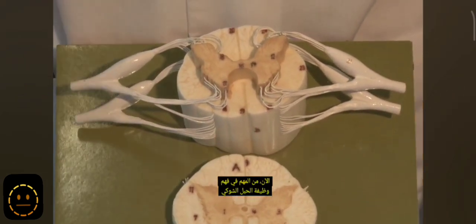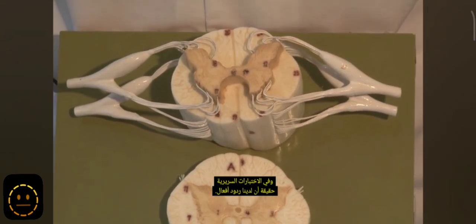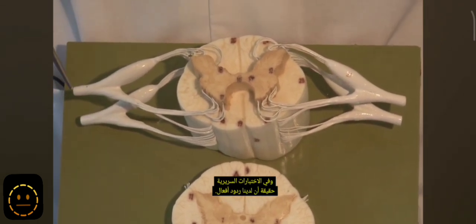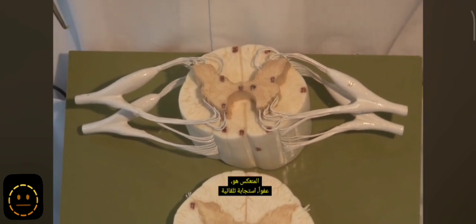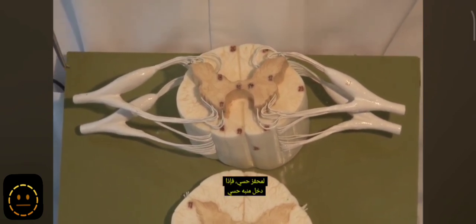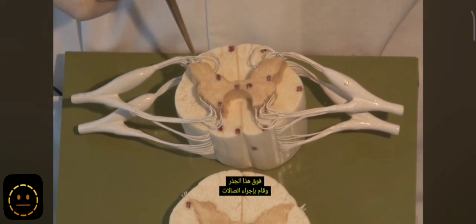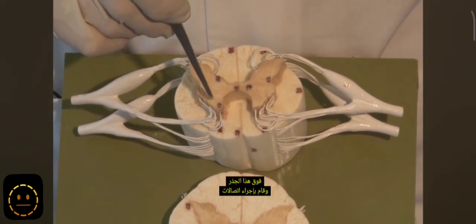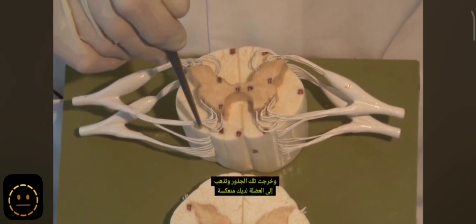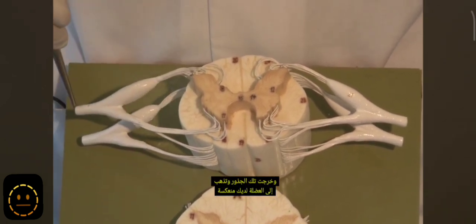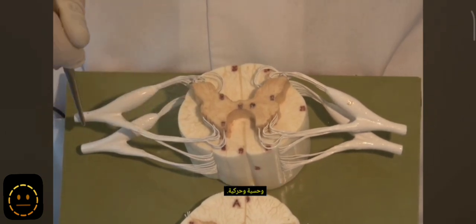Now, important in understanding the function of the spinal cord and in clinical testing is the fact that we have reflexes. A reflex is an automatic response to a sensory stimulus. So if a sensory stimulus comes in over this root and it makes connections with the nerve cell body in the anterior region here, and those roots come out and go to a muscle, you have a reflex, sensory in and motor out.